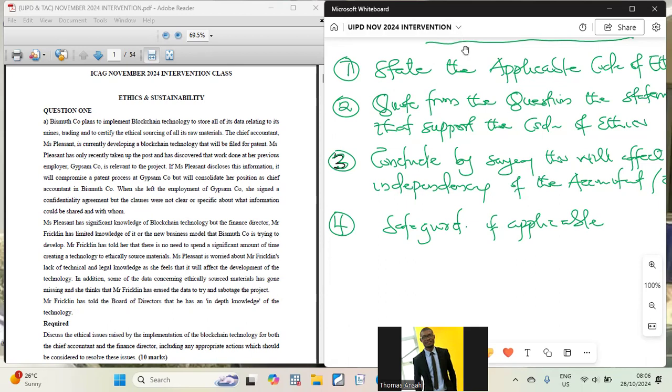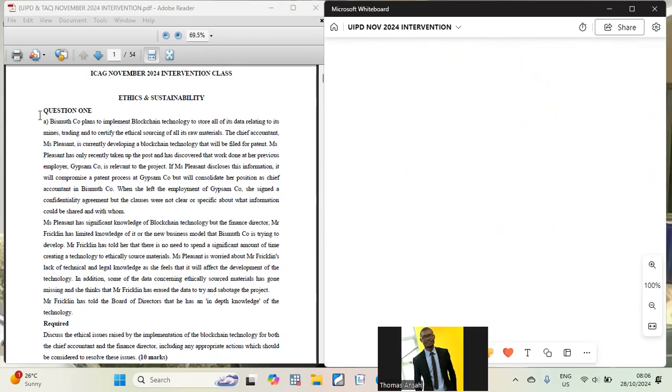All right, so let's go on. We have a question in front of us: Bismarck Company plans to implement a blockchain technology to store all of its data relating to its mines, trading, and to certify ethical sourcing of all raw materials. The chief accountant, Ms. Pleasant, is currently developing a blockchain technology that will be filed for patent.